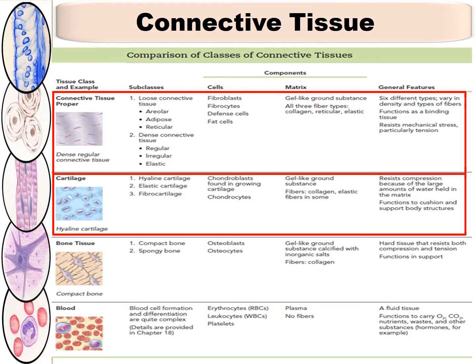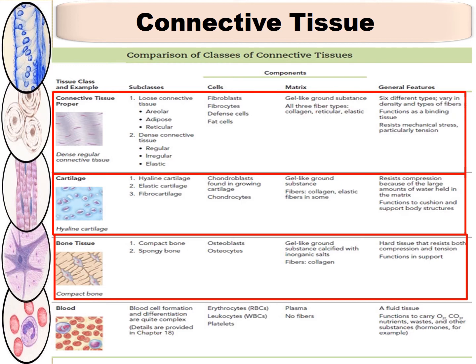Then the third type of connective tissue is the bone tissue. This bone tissue is further subclassified into two categories, that is the compact bone and spongy bone. This bone tissue has two types of cells as components: the osteoblasts and osteocytes.